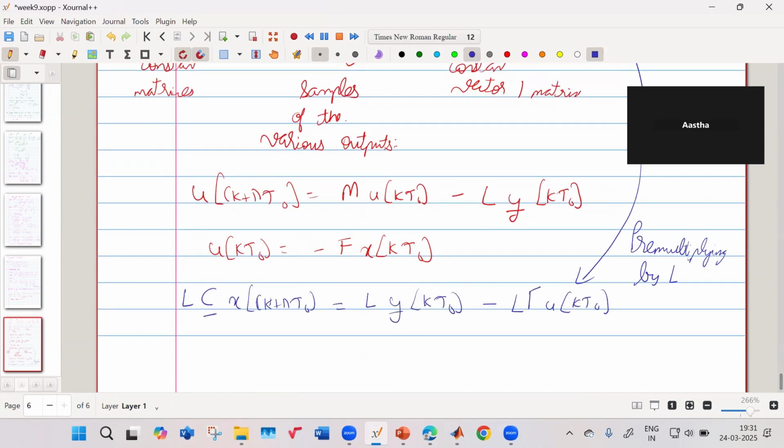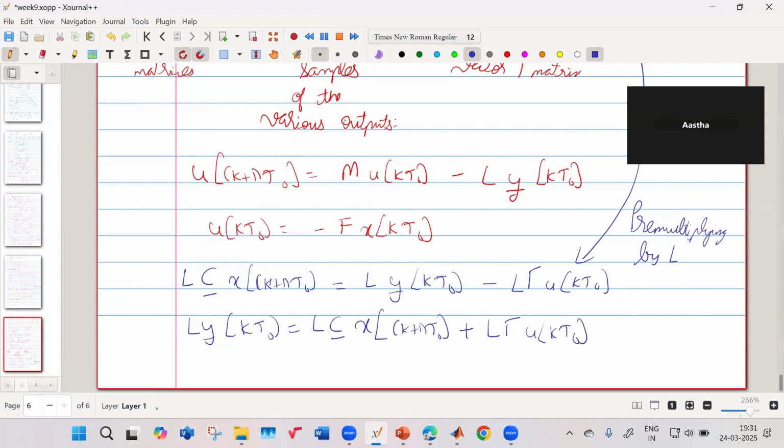Now we want L of y bar kT0 to be equal to LC bar x of (k+1)T0 plus L into gamma u of kT0.